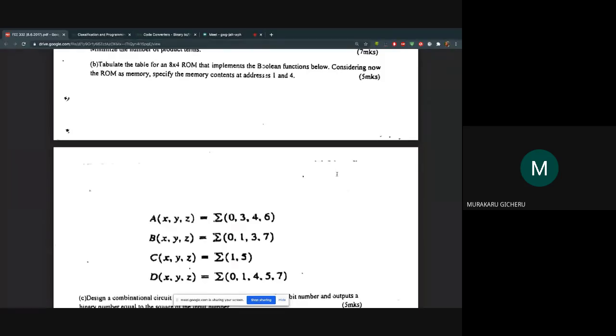Considering now the ROM as memory, specify the memory contents at addresses 1 and 4.